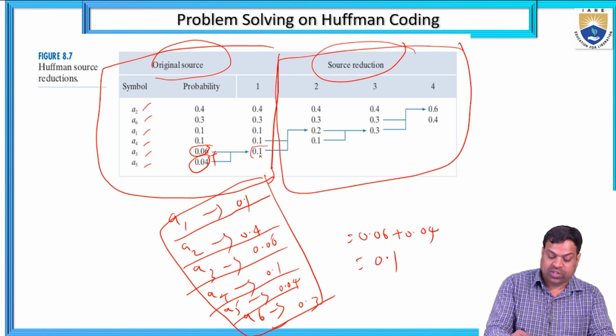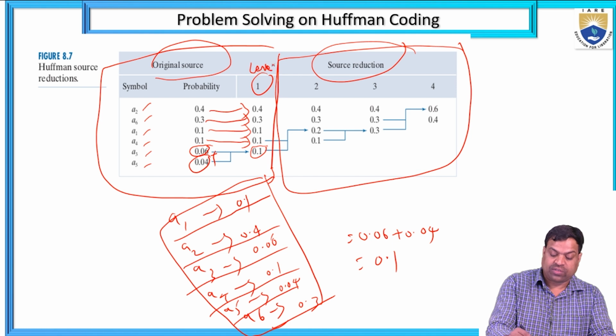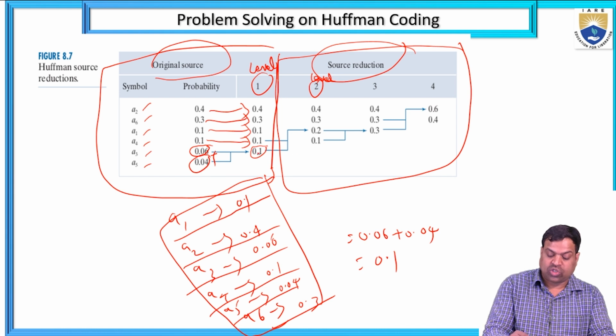So it is 0.1, 0.1, 0.3 and 0.4. That is level 1. Next, level 2: the bottom two, 0.1 plus 0.1, is 0.2, then 0.3 and 0.4.